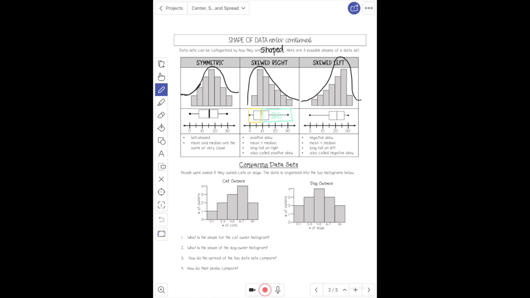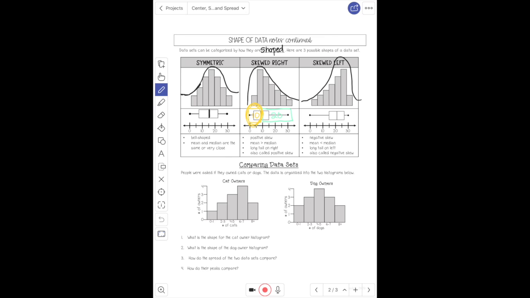So if I look at the upper section from the median to my maximum, it ranges by 20, because 30 minus 10 is 20. Then if I look at my lower section, it goes from 10 to 0, so that's ranging by 10.